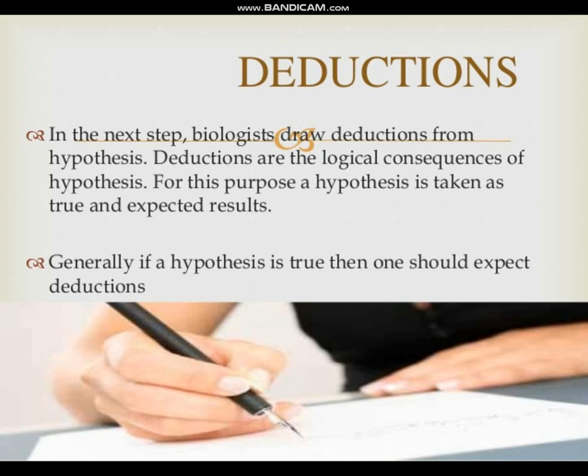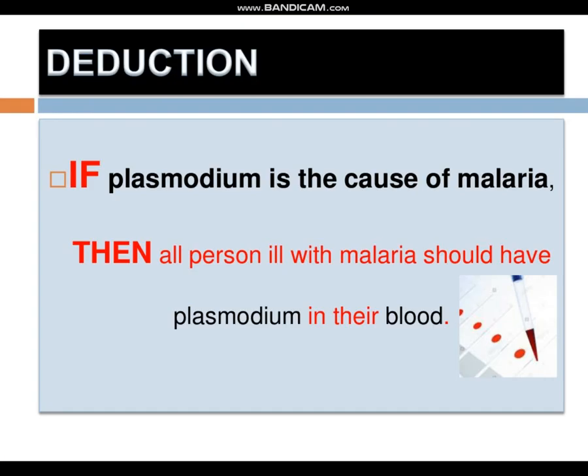Deduction. The word deduction means to deduce, to cancel down, to eliminate or take something out. So in deduction, the scientist deduces a few statements from his hypothesis. For example, if plasmodium is the cause of malaria, then all persons should be ill with malaria, and everyone should have plasmodium in their blood.